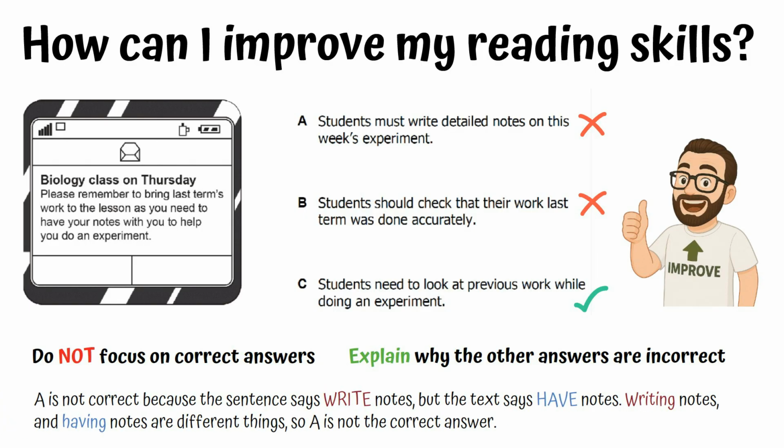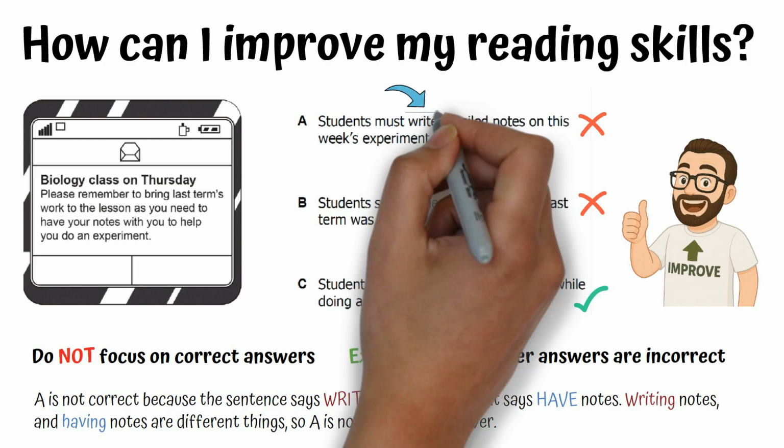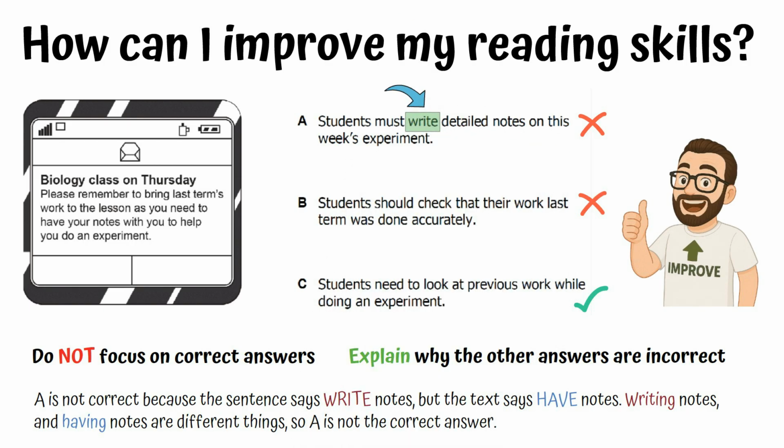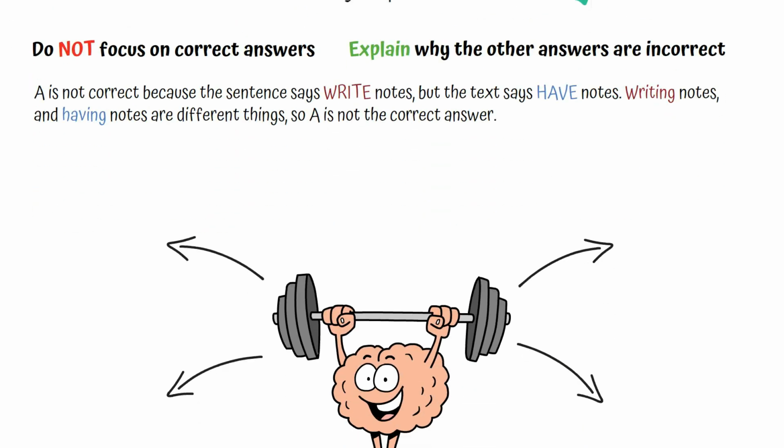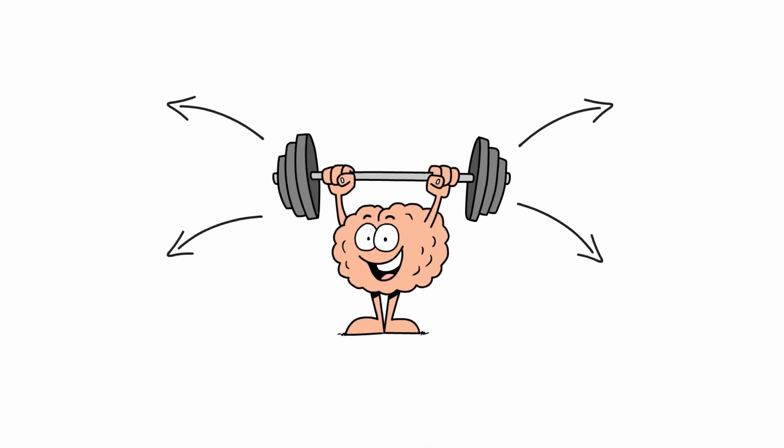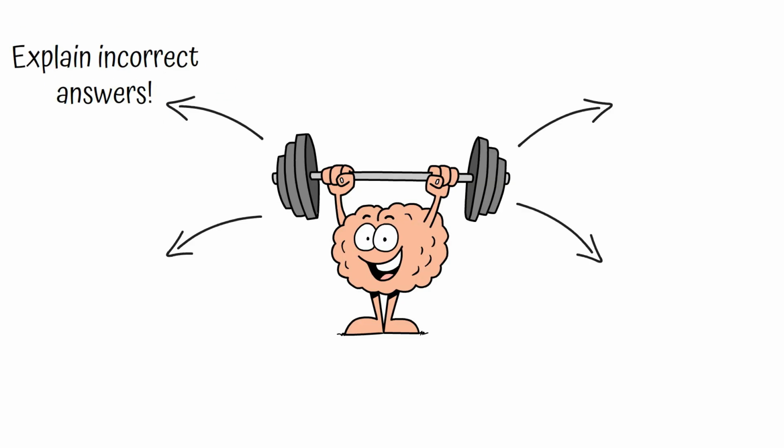For example, A is not correct because the sentences say write notes, but the text says have notes. Writing notes and having notes are different things, so A is not the correct answer. Explaining why two answers are incorrect is actually much more beneficial than simply finding the correct answers.